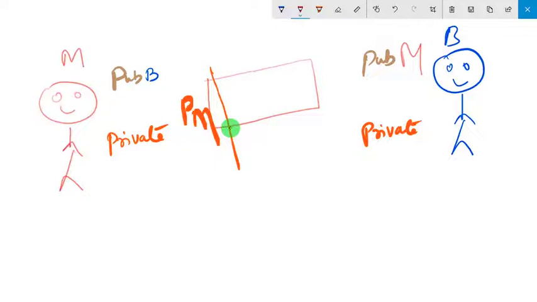Again, he wants to send a message to B. It means he will again encrypt the message with the public key of B.